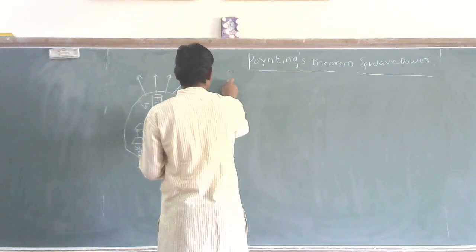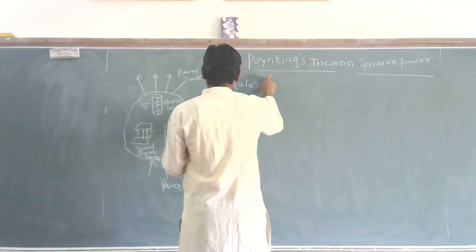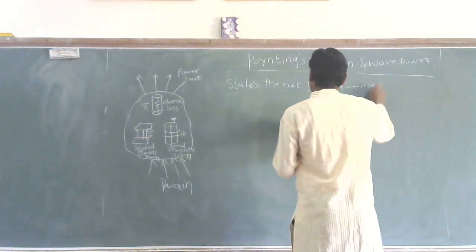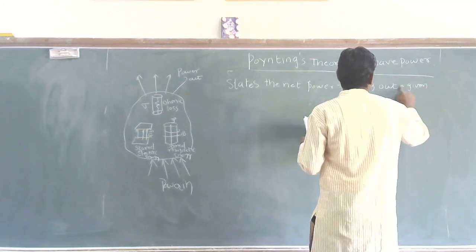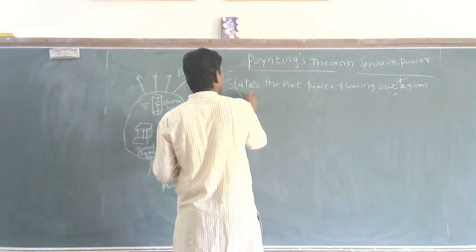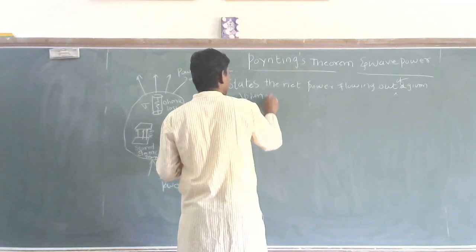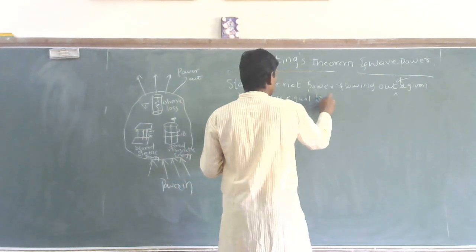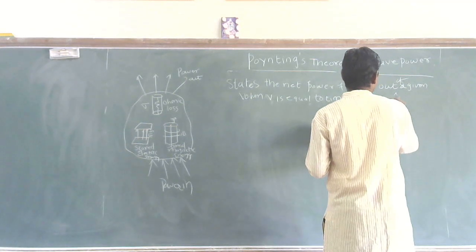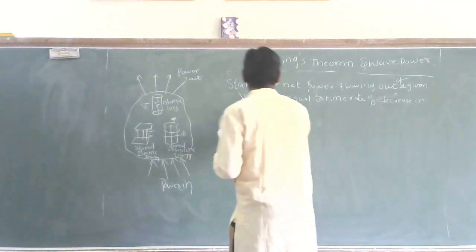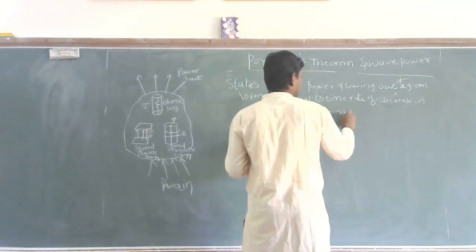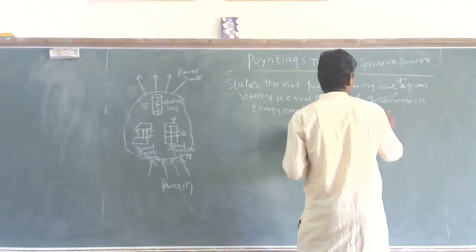Now what Poynting theorem states is that the net power flowing out of a given volume V is equal to the time rate of decrease in energy stored within V, minus the ohmic loss.